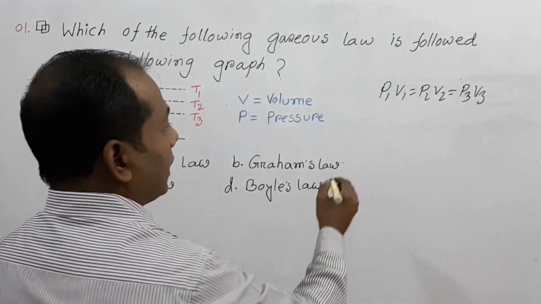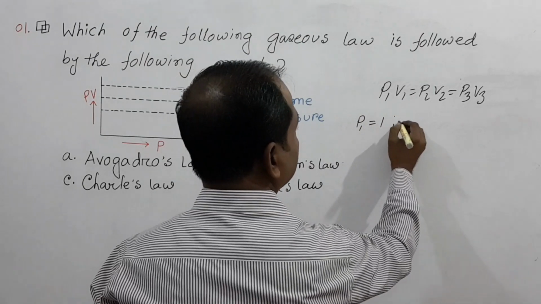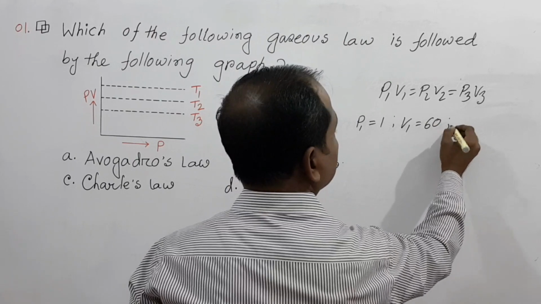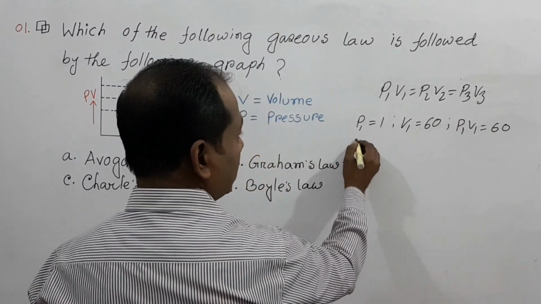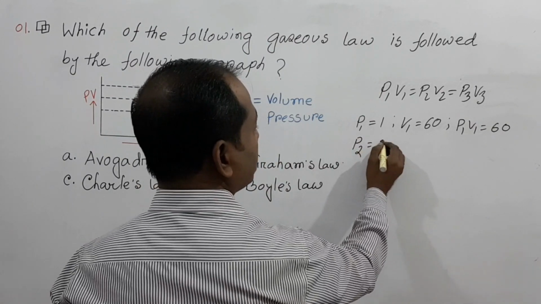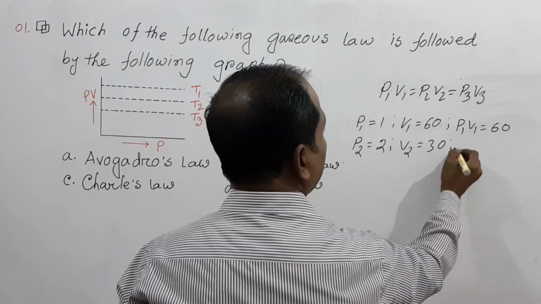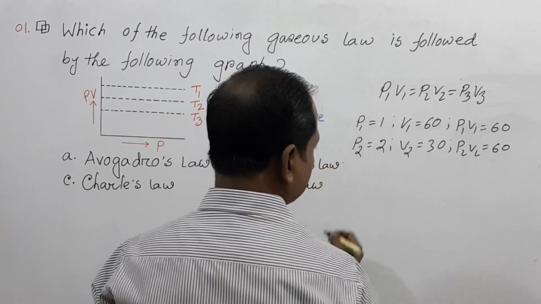So, if P1 equals 1 and V1 equals 60, then P1 V1 equals 60. If P2 equals 2, then V2 equals 30, and we get P2 V2 equals 60.